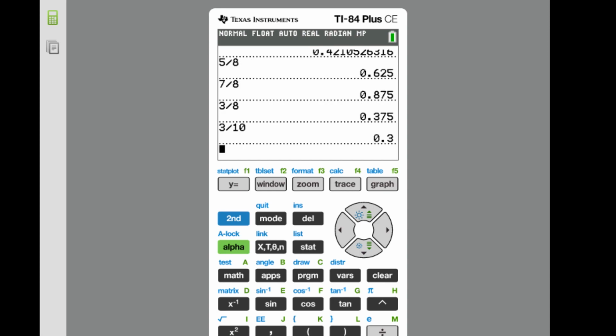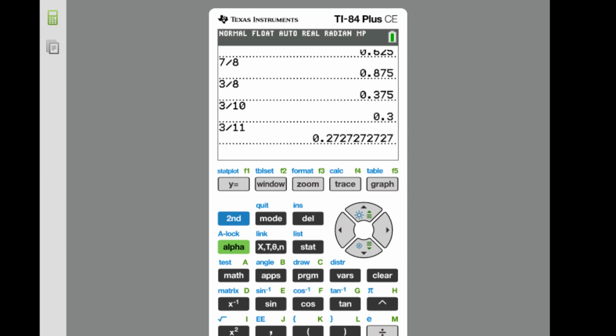Terminates. 3 over maybe 11. What happens here? It doesn't terminate, but what do you see? You see a pattern. So every fraction I give you will either be a pattern situation if the decimal doesn't terminate, or you'll see it terminating. That's the real definition of a rational number. Okay, you guys with me on this one?